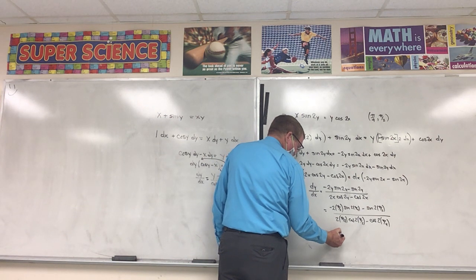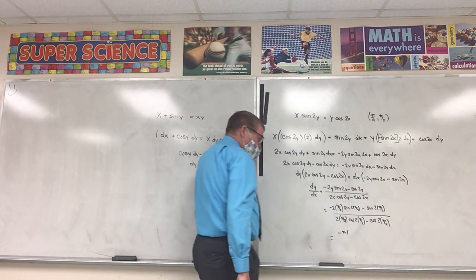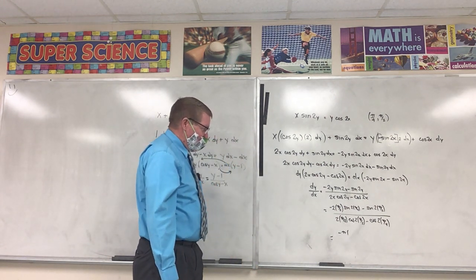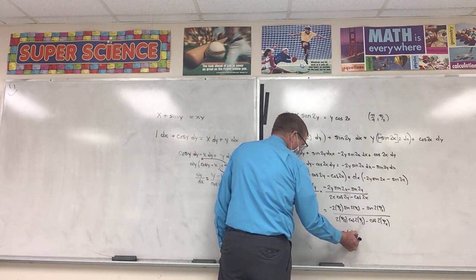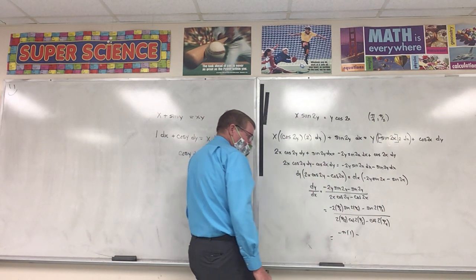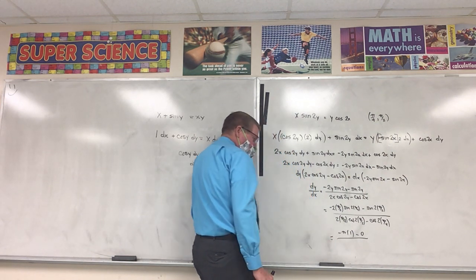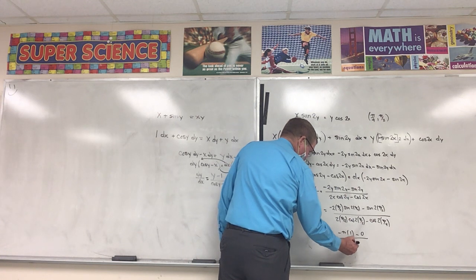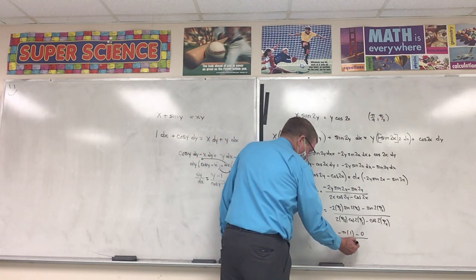Negative 2 times pi over 2, negative pi. Sine of pi over 2. 2 times pi over 4 is pi over 2. Sine of pi over 2 is 1. Sine of pi is 0. 2 times pi over 4 is pi over 2, times cosine of pi, negative 1.